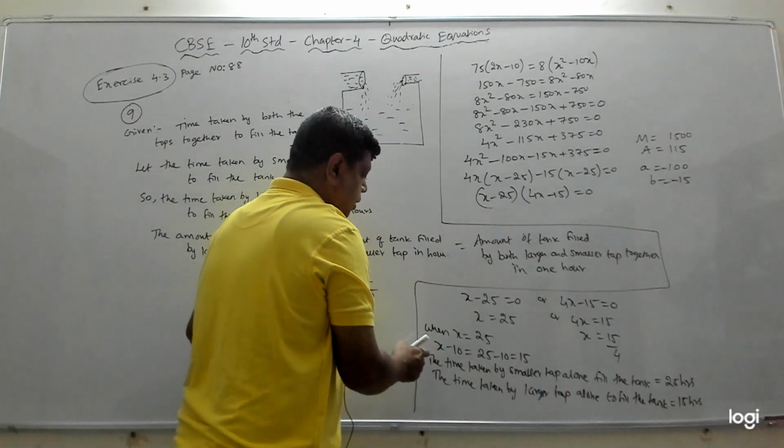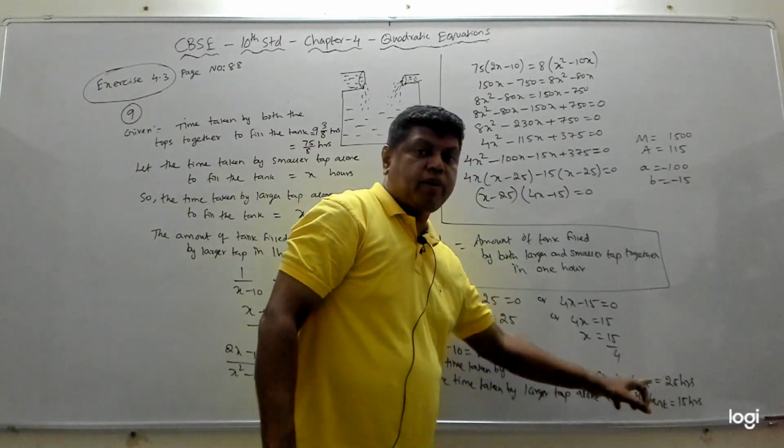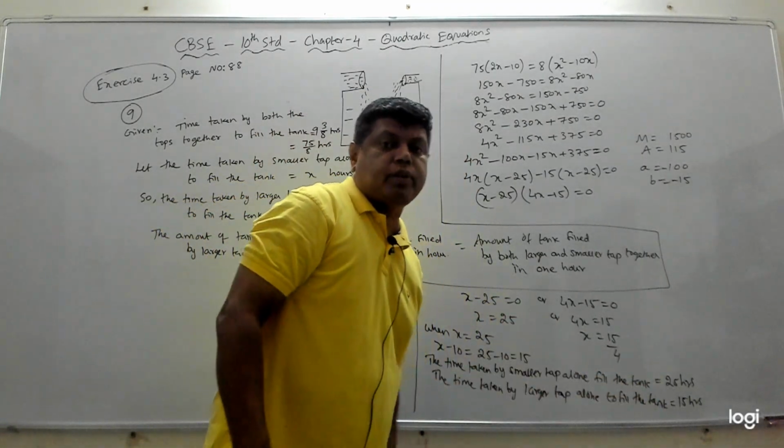When x is 25, you get this answer. Time taken by the smaller tap is 25 hours, and time taken by the larger tap is 15 hours.